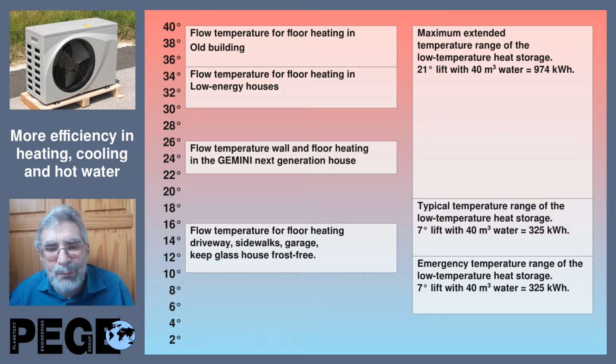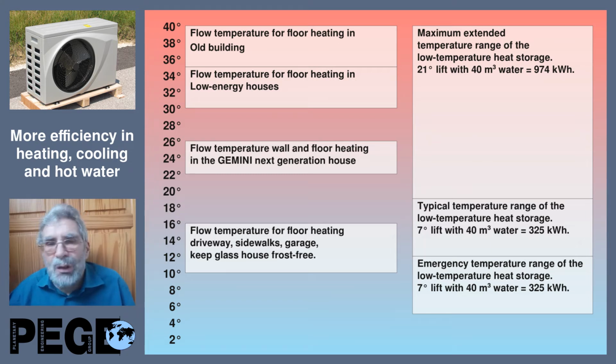And then we have flow temperatures for floor heating of driveway, of sidewalks, of garage, and to keep the glass house frost-free. These are new applications, not typical for normal houses, but I think floor heating in the garage, so that the garage has maybe 10 or 12 degrees Celsius, is very useful when you park an electric car in it, and it will even save energy. How much? We have to determine by real-world experiment.